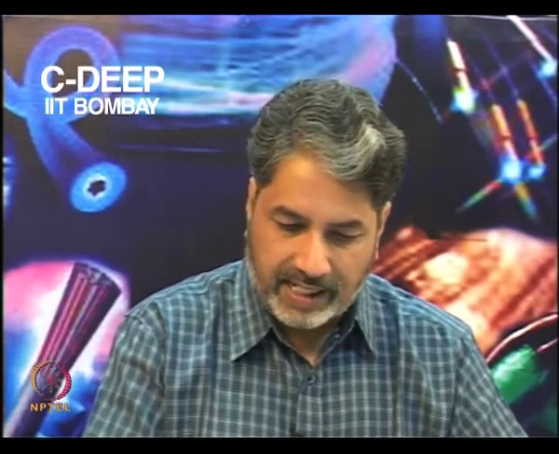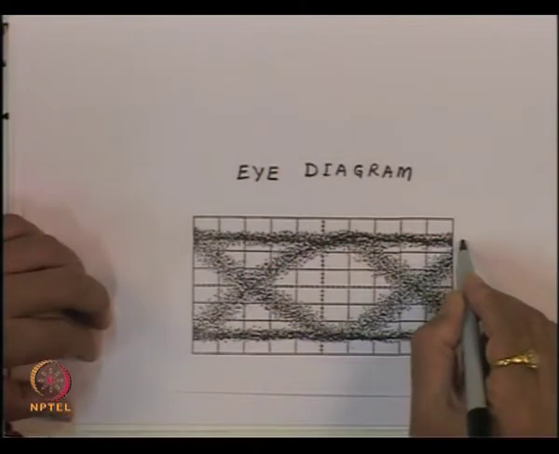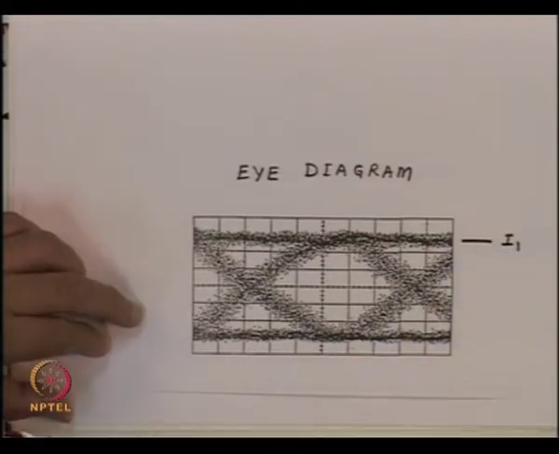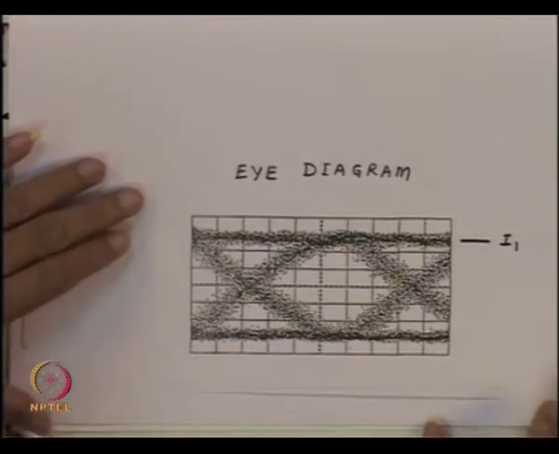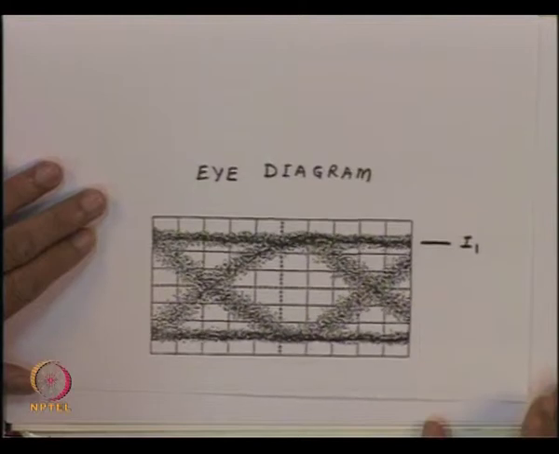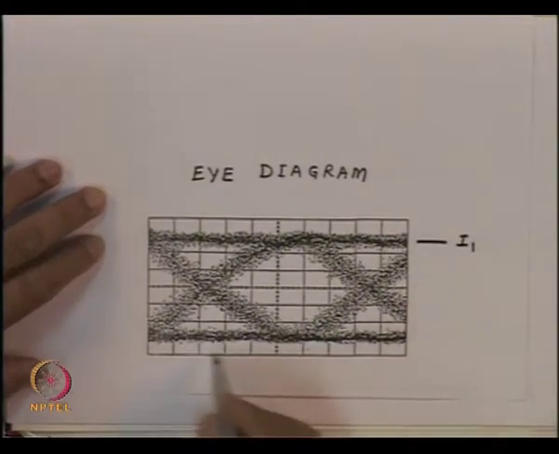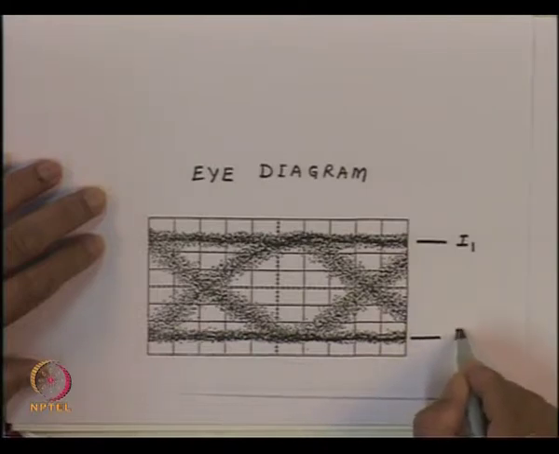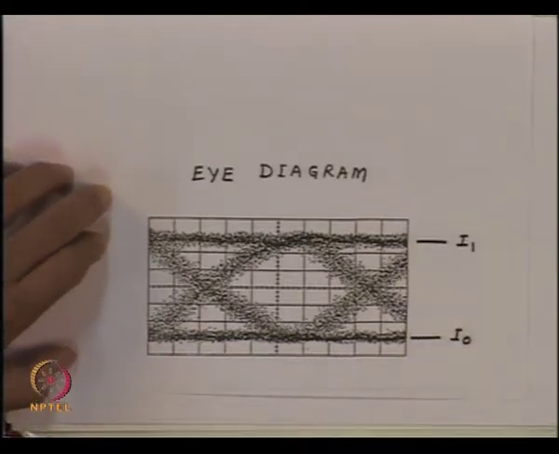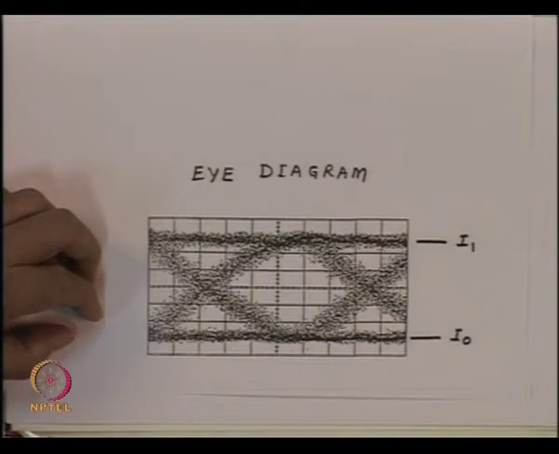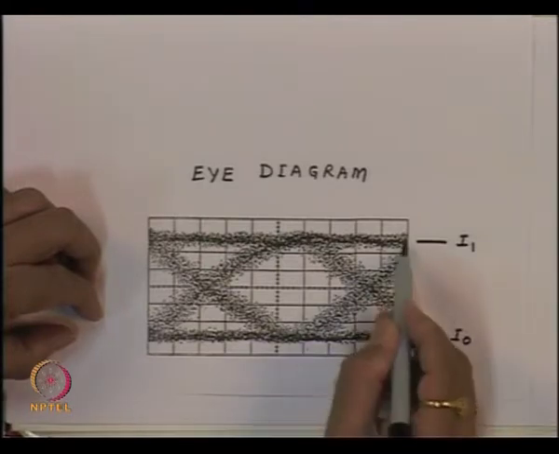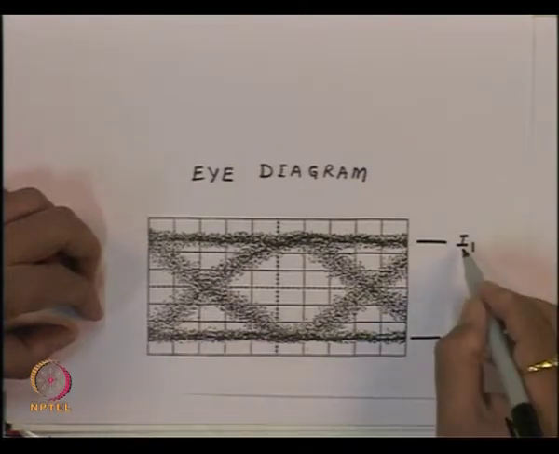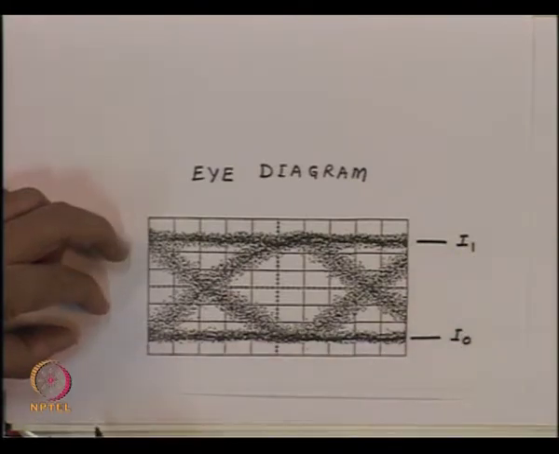So, if I take the mean value of this level here, this corresponds to the level I1. Similarly, this mean level corresponds to level I0. So, measuring the average value of this and the average value of this, we can calculate the quantity I1 minus I0.